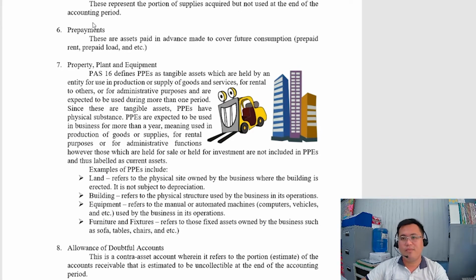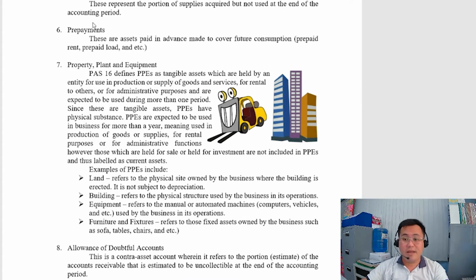Say for example, if we purchase 100 today and you were able to make 2 text messages by the end of this day, then ideally our prepaid load would be 98 pesos at the end of the day because we have consumed 2 text messages which are equivalent to 1 peso per text message. Since there are 2 text messages in the day, at the end of the day, our balance would be 98 pesos, right?